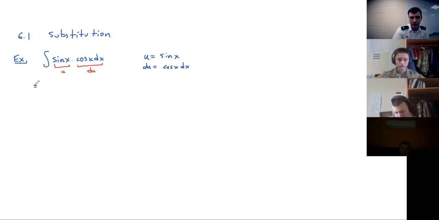So I make my substitution, and I have the integral of u du. Everyone good? What's the antiderivative of u? All right, with respect to u, that is 1/2 u squared, or u squared over 2. And then I can tack on a plus c because this is an indefinite integral.